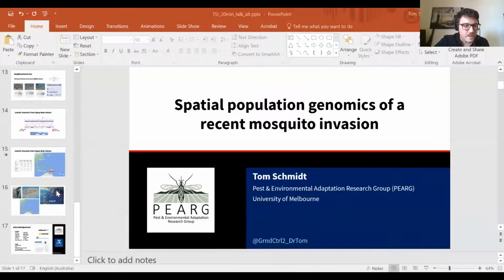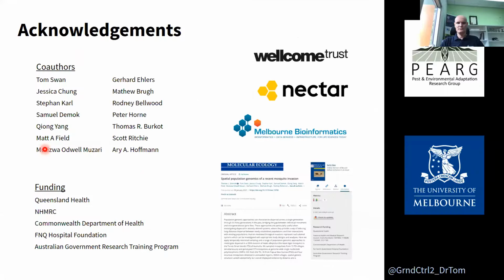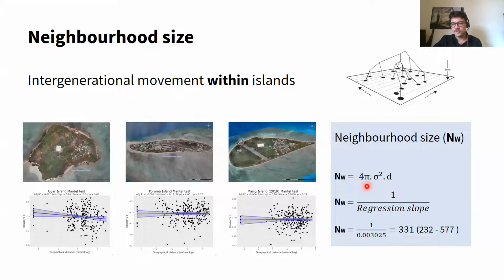Sure, okay. So neighborhood size is an old concept from Sewell Wright, and we have this equation, 4 pi times, this is the variance in distance between parent and offspring at the same life stage.